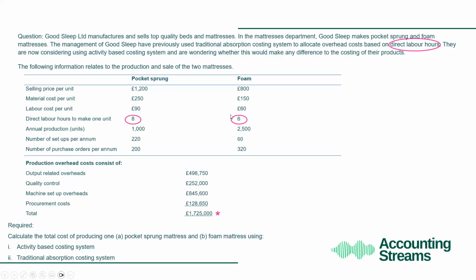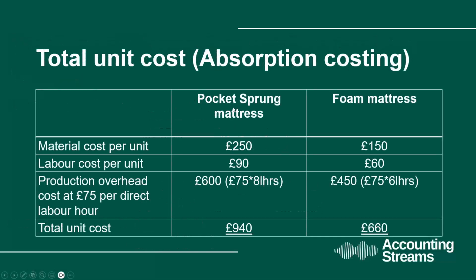So the production overhead cost per unit will be £600 for the pocket sprung mattress, which is £75 multiplied by 8 hours, and £450 for the foam mattress, which is £75 multiplied by 6 hours. If you add up all these costs, we'll have £940 for the pocket sprung mattress and £660 for the foam mattress. This will be our unit cost if we're using the absorption costing system.